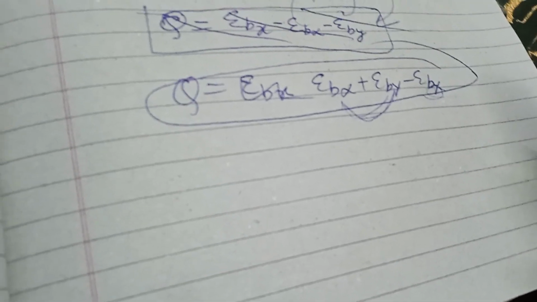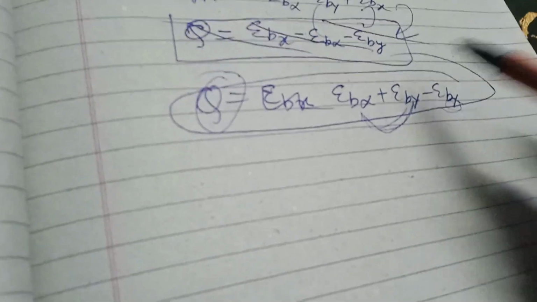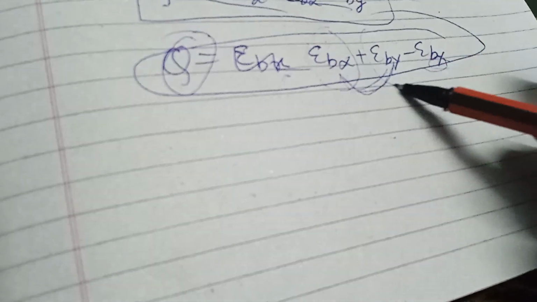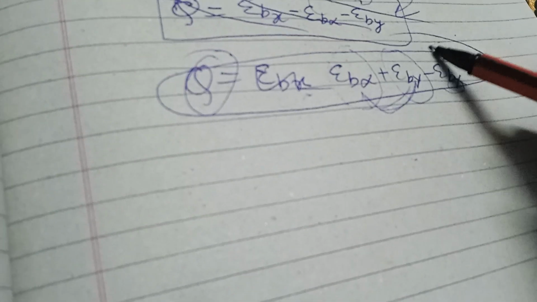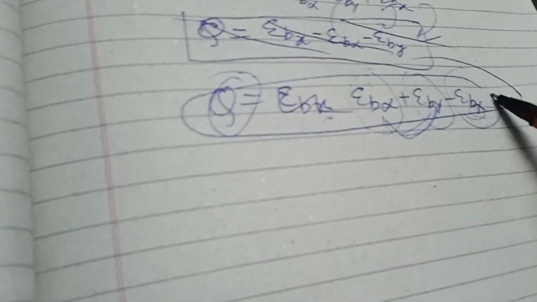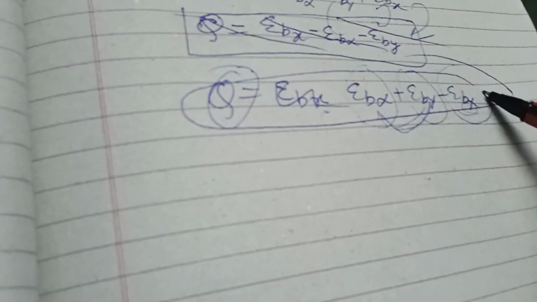Now binding energy here is the energy released. So it is the energy released in making alpha plus the energy released in making Y minus the energy released in making X. So that's why this term justifies.